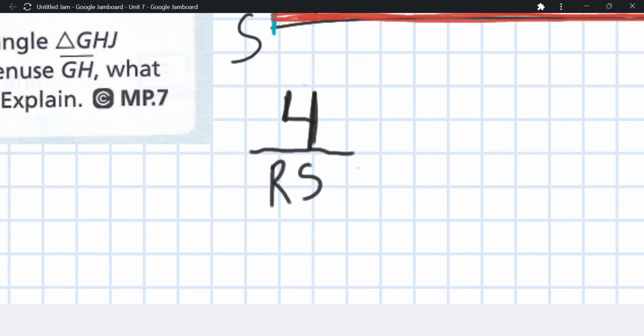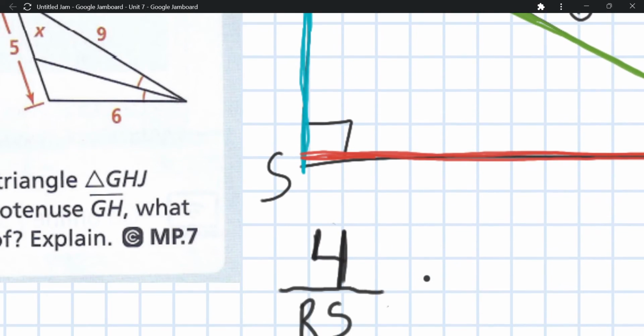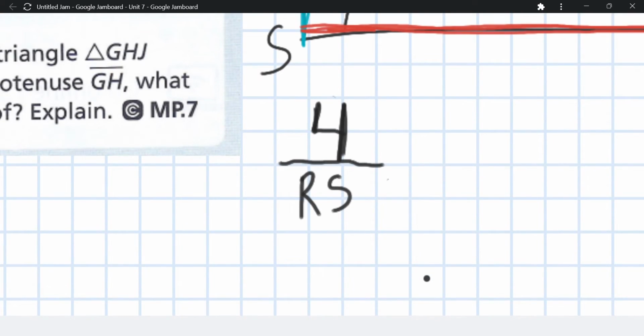So again, this is my short from my small, and this is my hypotenuse for my small.